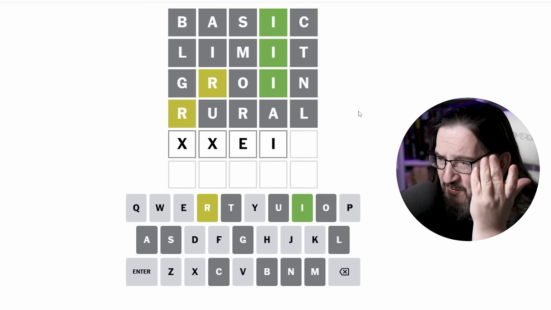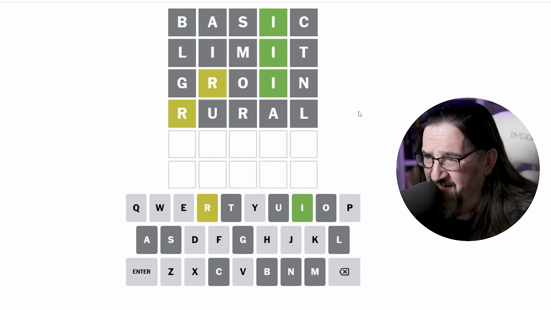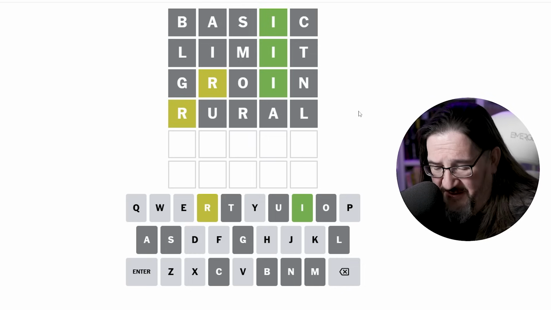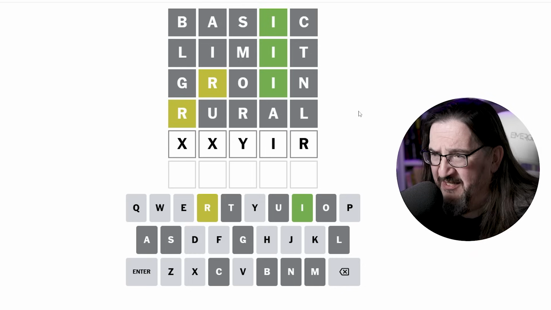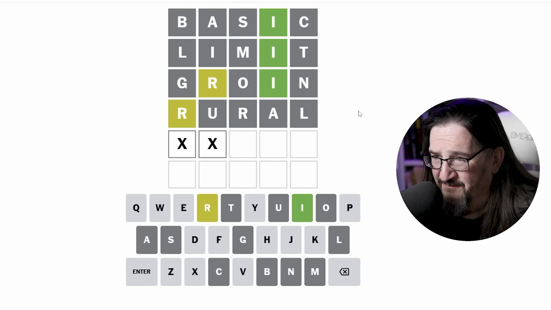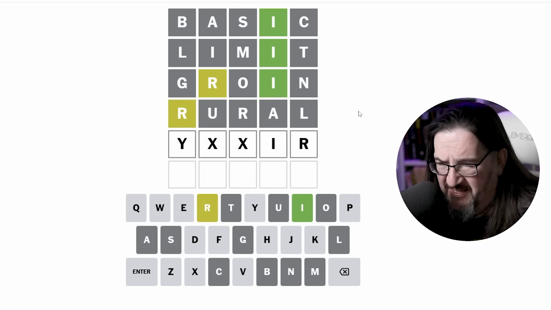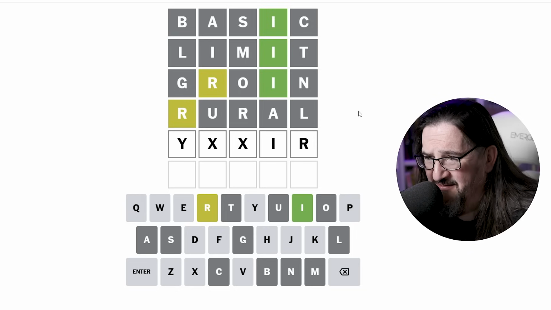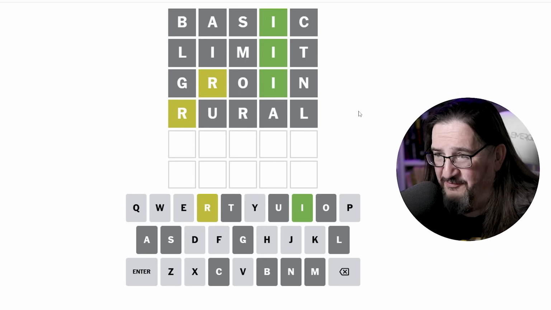Is the Y somehow involved here? And where would it be? It wouldn't be in the third spot, right? No. This doesn't make any sense. YIR? No. Y blank blank IR? There's nothing here that makes any sense. Could the Y be in the center?